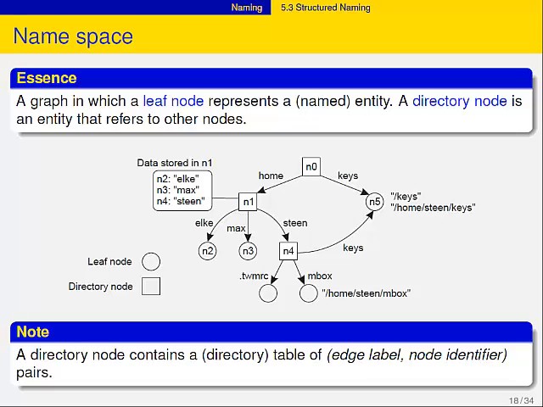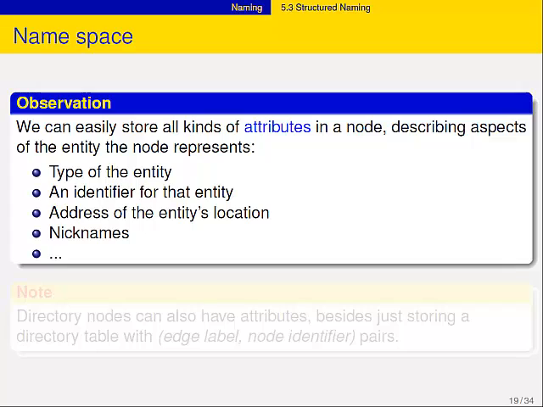Okay? And watch this. This is a namespace. And now I'm talking about node identifiers. There seems to be something tricky going on. Now, you can add all kinds of attributes in all of these nodes. We also know this from file systems: type of the entity, an identifier for that entity, address of the entity's location, whatever, okay?